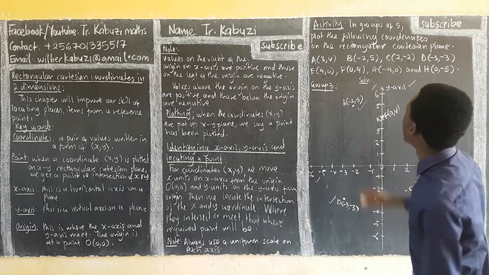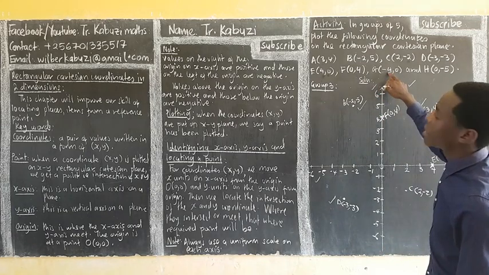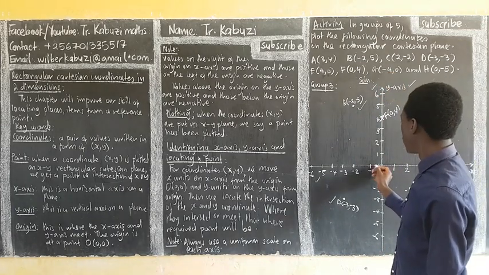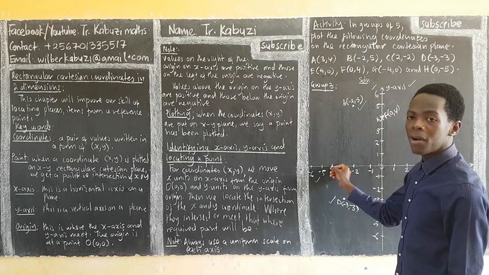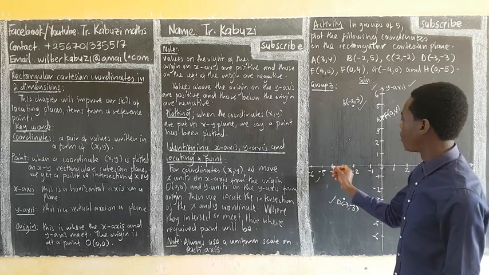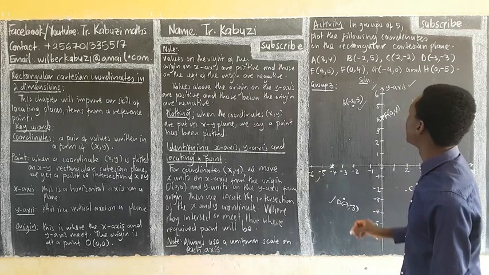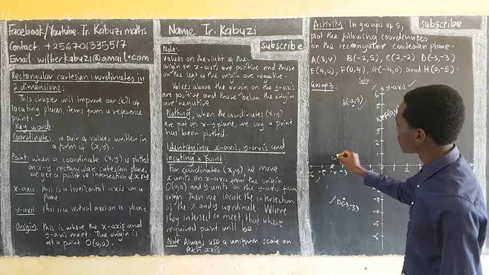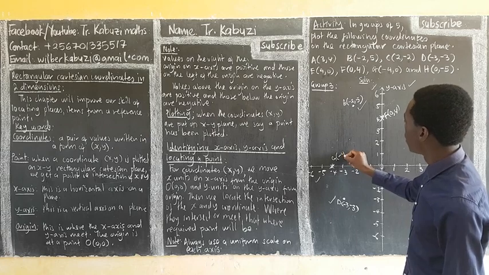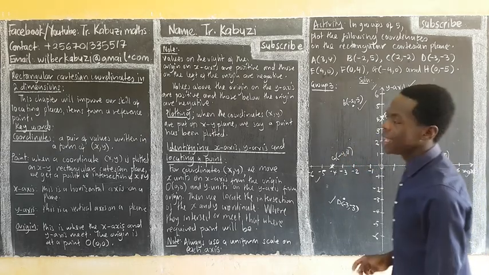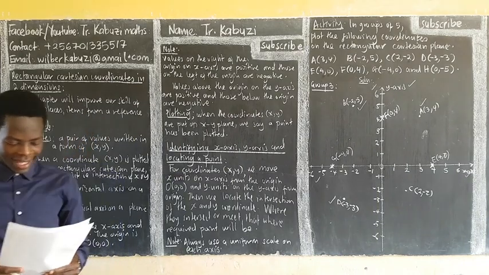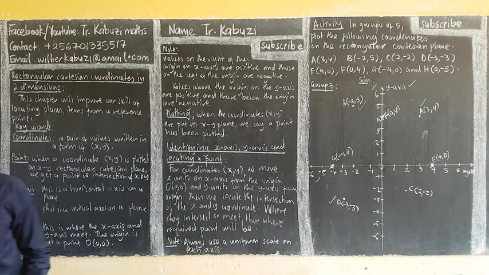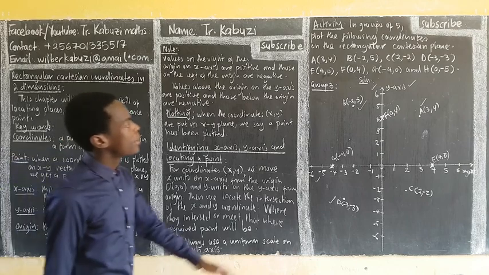Then when it comes to negative 4, 0, now it means that the x will move negative 4 units. 1, 2, 3, 4, 0. It means that I move where? Nowhere in y. Okay. So this is our G, negative 4, 0. Then in H we have 0, negative 5.